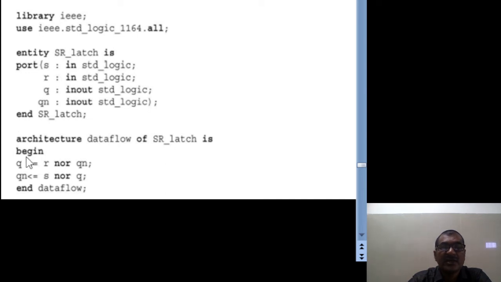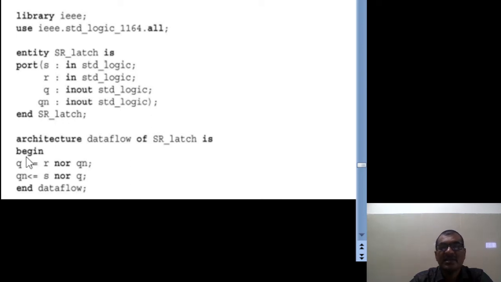After begin, since the model we are going to write is the data flow model, we need to have the Boolean expressions for both the outputs. What is the expression for Q? It is through a NOR gate, just R NOR Qn, whereas Qn is S NOR Q. Two equations we have: (R + Qn) whole bar, (S + Q) whole bar.